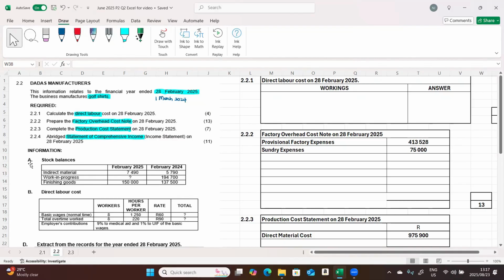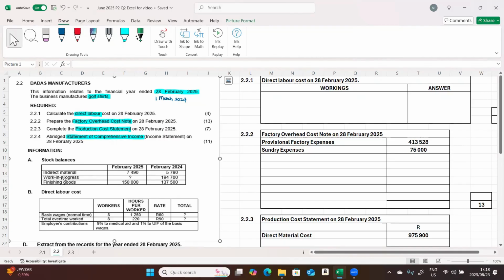So let's go to information number A, which is our stock balances. It's very important to check these stock balances because the movement in your stock balances is actually your costing for the year. Let's quickly go ahead and work through our stock balances and put them where they need to be on our answer sheets.